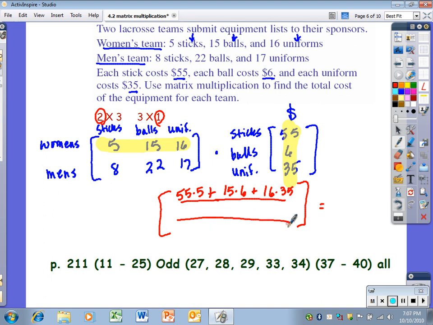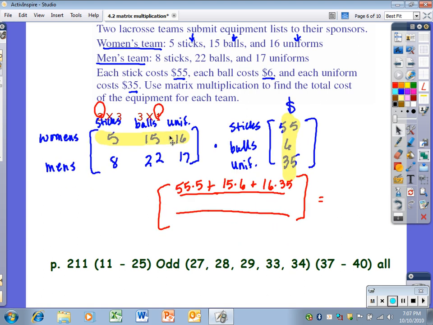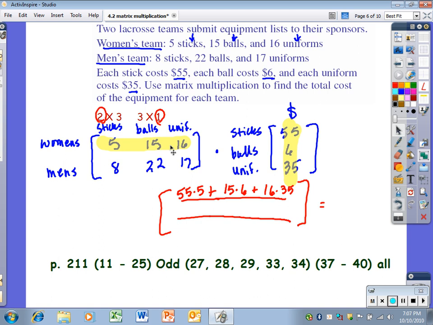And then I have row 2, column 1, still by column 1. So that gives me 8 times 55 plus 22 times 6 plus 17 times 35.